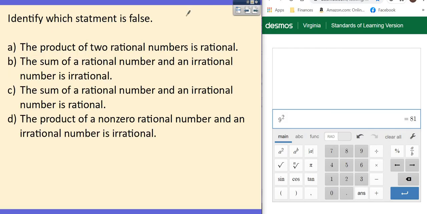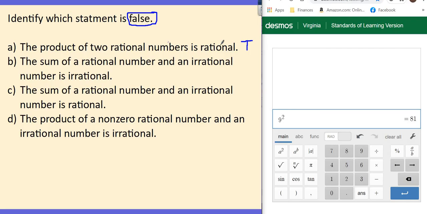Here we go. Let's see. This says identify which statement is false. So make sure you're looking for the right thing. The product, which means multiplying, of two rational numbers is rational. That is true. Remember when we talked about rational numbers and irrational numbers and what they did to each other?